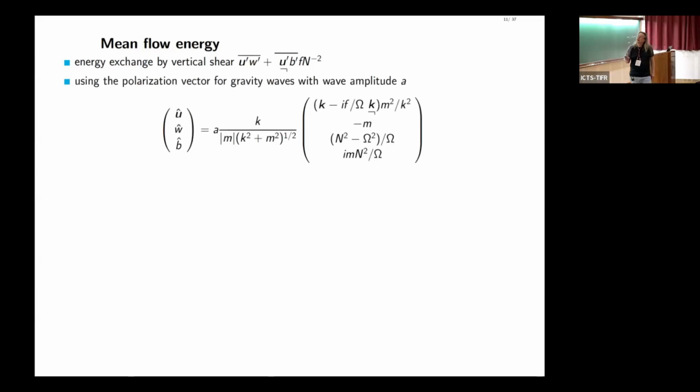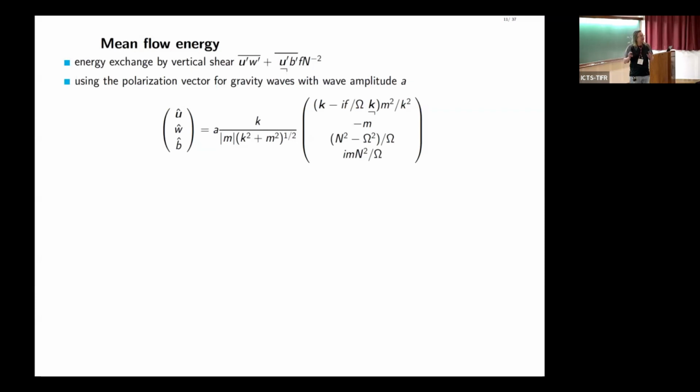And now the trick for the parametrization, or to calculate this actually, is to use the polarization vector for gravity waves. For plane waves or for the WKB waves, it's the same. And I don't show you the derivation, but it's part of this tedious wave equation number crunching. You also get relations which relate u and w and b amplitudes to each other, like this here written as a vector times an amplitude, which is a complex number a.